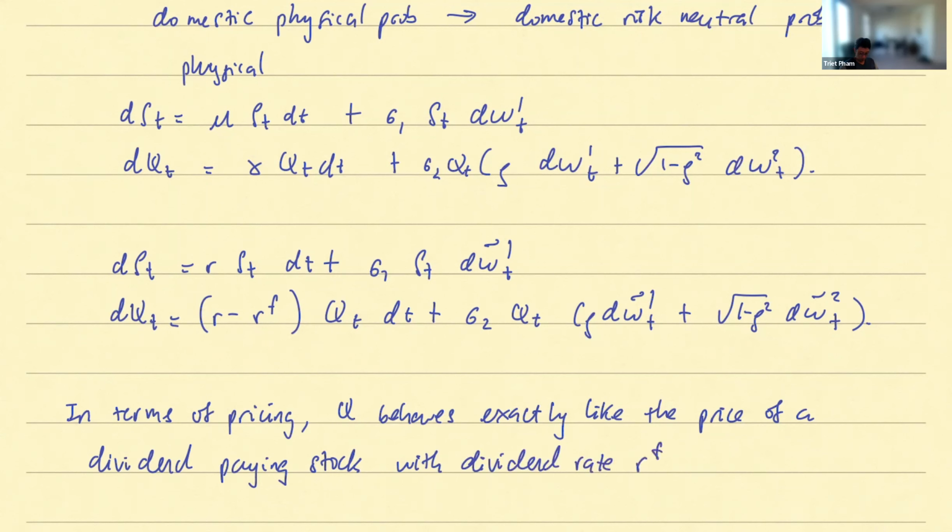I want to say this because we did not have time to cover dividend paying assets in this class, but we discussed it anyway. I hope you can go back and read on this yourself and see that the logic is exactly the same.